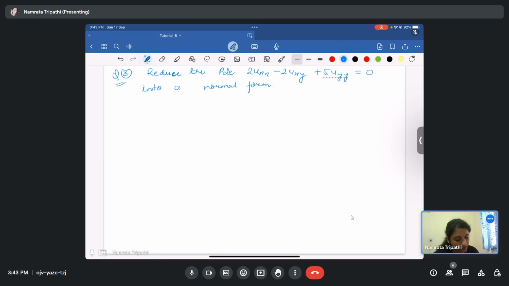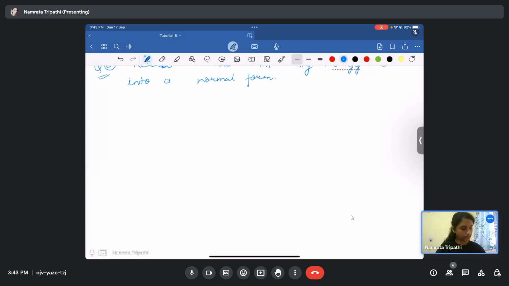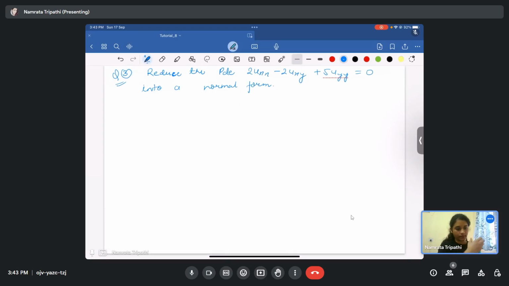How to find the characteristic equation? Can anyone tell me? You have already done these things in your lectures. Try to go through the lectures, then you will solve this problem easily.